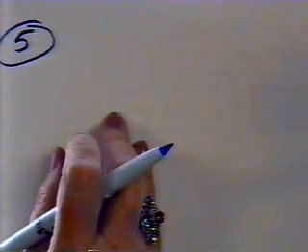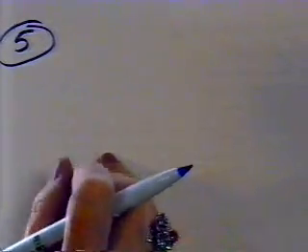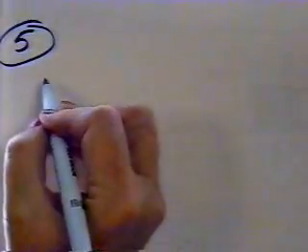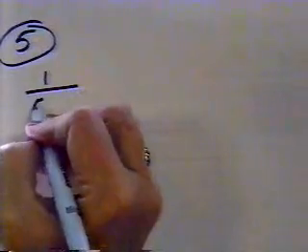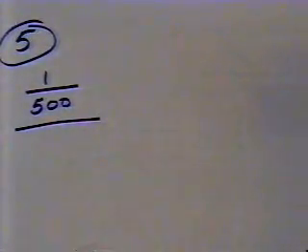I want to make 250 of a 1 to 500. What is the strength desired? The strength that I want to make is 1 over 500. What you want to make is the strength desired. So what's the strength on hand?